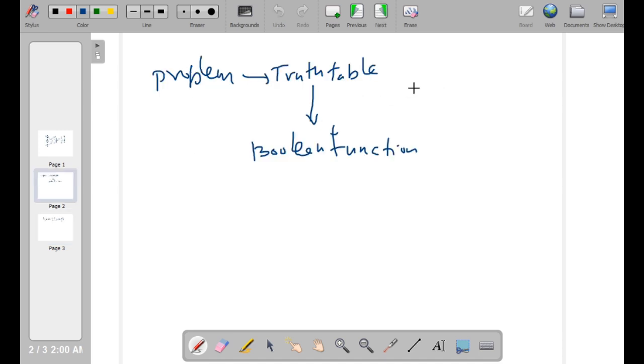The next stage is simplify the Boolean function because we want to reduce the size of the circuit board. For that we have to reduce the number of gates. For reducing the number of gates, we have to reduce the number of variables. There are three methods for simplification.